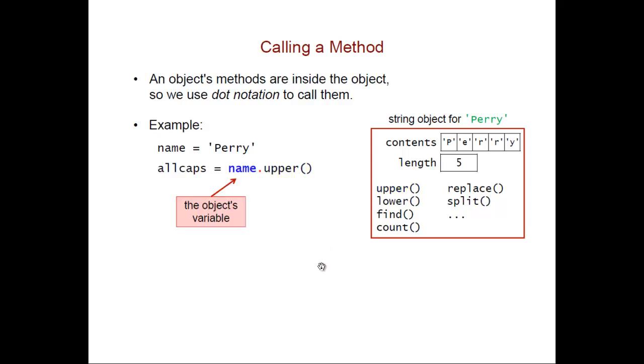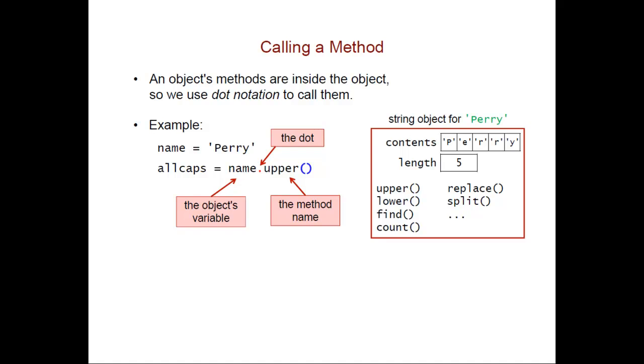We start with the variable for the object, in this case the variable name, then the dot, which is just a period, and then the method name, followed by whatever parameters are needed. In this case, there are no parameters we need to pass in, but we still need the parentheses, just like when we call a function with no parameters.